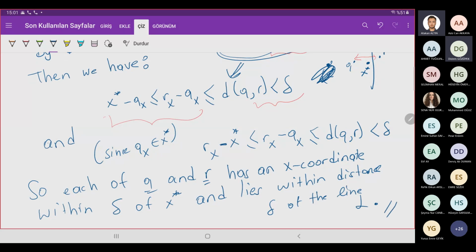It formally proves that it's sufficient to focus only on the regions that are delta distance from the left and right of this line L.